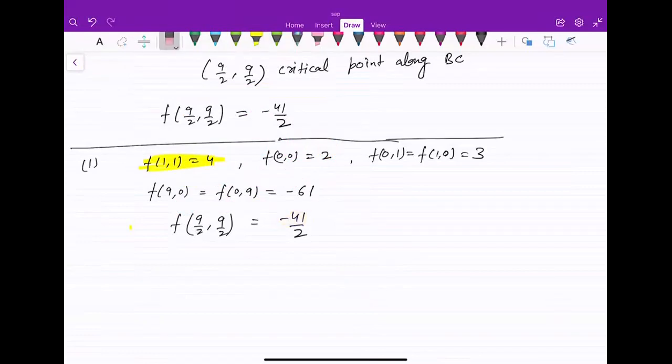-61 होना चाहिए. Yes. f of 0 9 का वैल्यू चेक करें. Yes, it should be -61. ठीक है, तो absolute maximum is what? Is 4 and absolute minimum is -61. Just a minute.